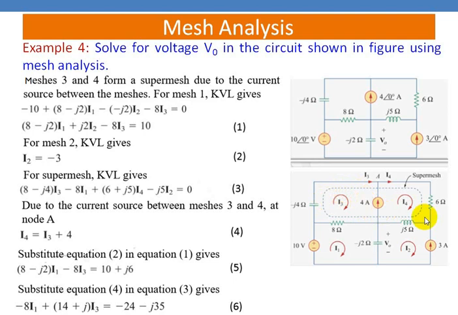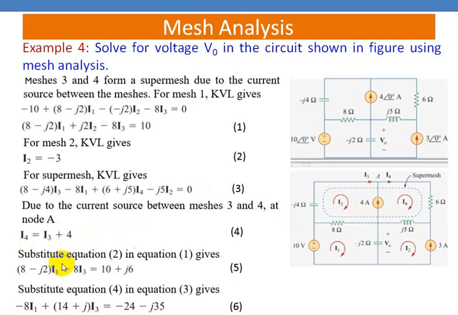So therefore, I can write this current as I4 minus I3 equal to 4 ampere. So this direction is same as that direction. So I4 minus I3 equal to 4 ampere. If this current direction is also same, then you have to write I4 plus I3 equal to 4. Okay, so this is the equation, I4 equal to I3 plus 4.